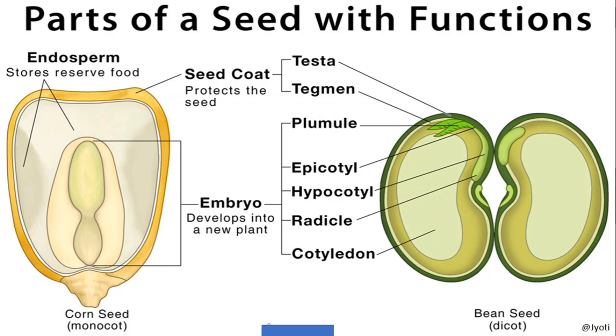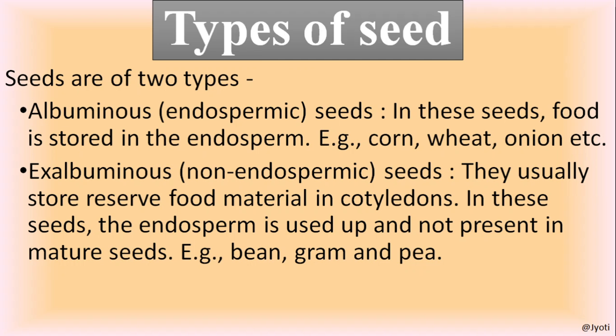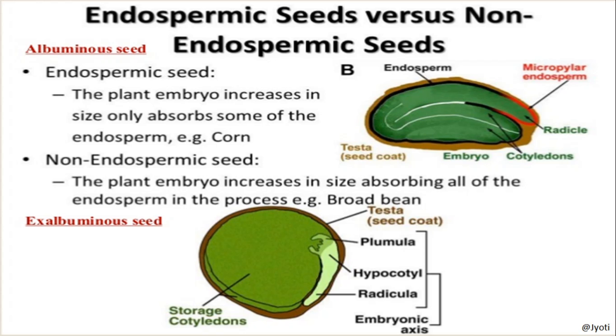I think it is clear to you. So all dicots have non-albuminous seed, whereas all monocots have endospermic or albuminous seed, except orchids. So here you can see the picture of the two types of seed.